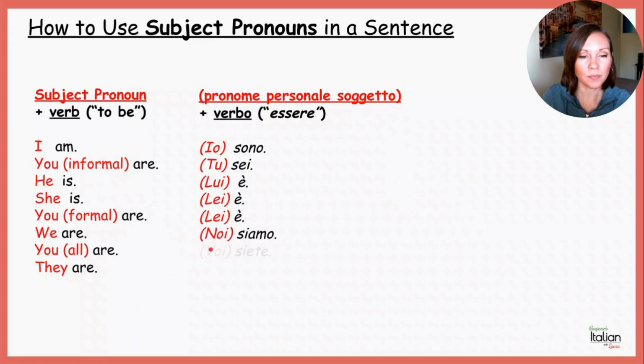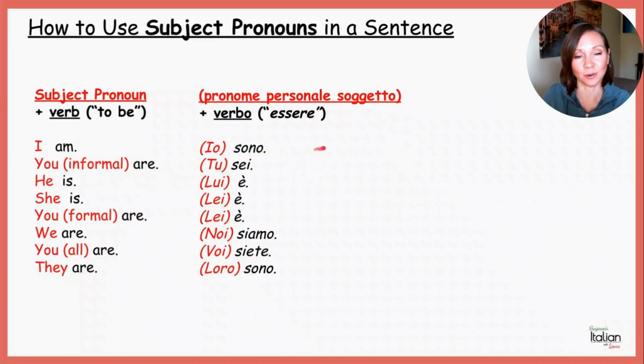Noi siamo, voi siete, and loro sono. Okay, so this is a very basic sentence, but it is a complete sentence. So if you want to say I am, io sono, and that can be your first sentence in Italian. Okay, let's move on to the next module, which will be verbs.